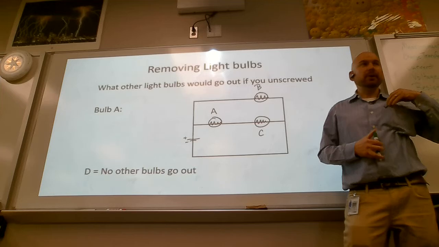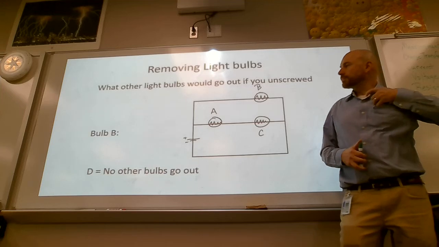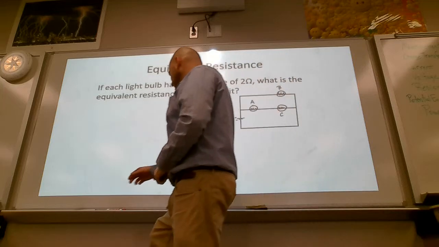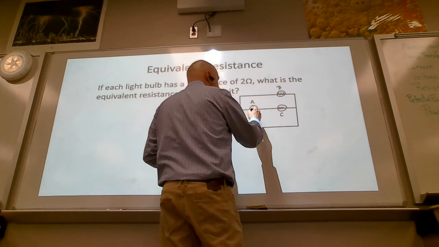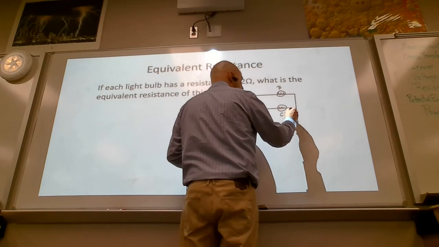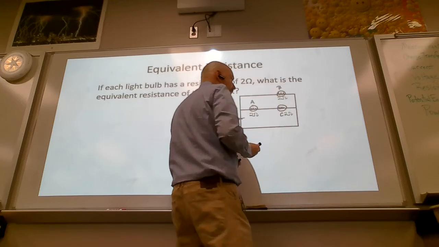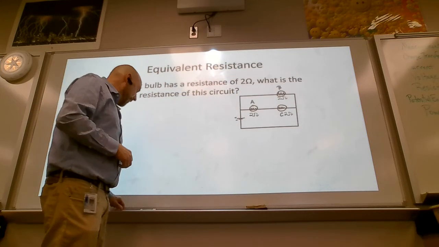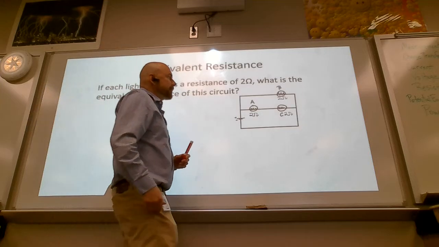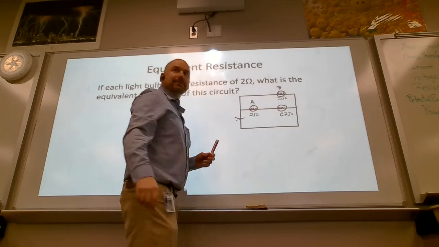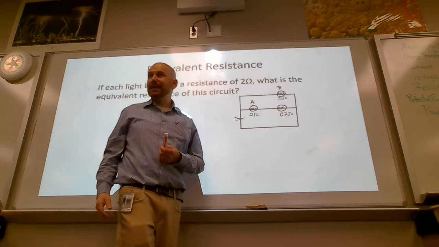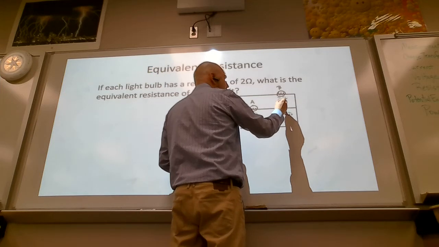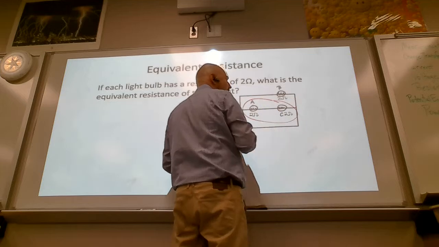Good? So, each of these has 2 ohms. What I'm going to do first, if I pulled out A, it affects C. If I pulled out C, it affects A. B isn't affected by anything, so I'm going to simplify these two.